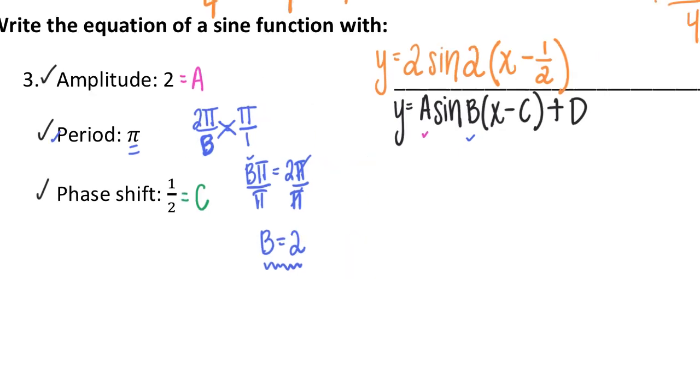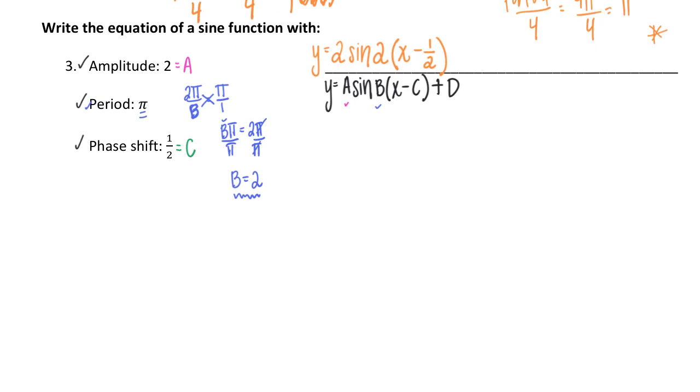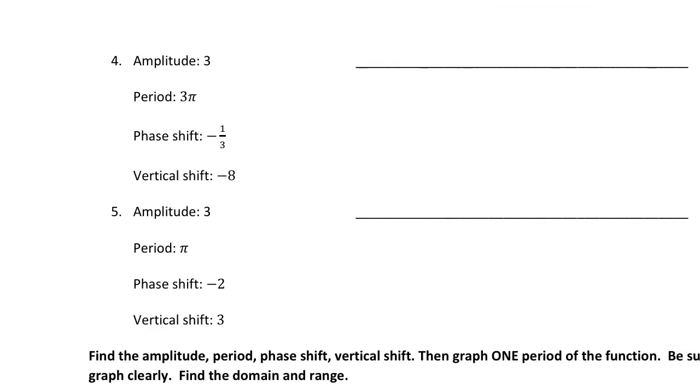Let's try it again off to the right. Oh, sorry, they're on the next page. If it helps you, again, write your base equation down beneath here. Now let's go through each of the pieces that we have. The amplitude is 3.